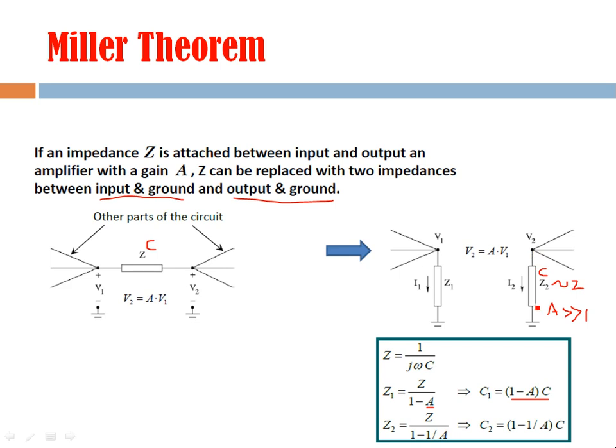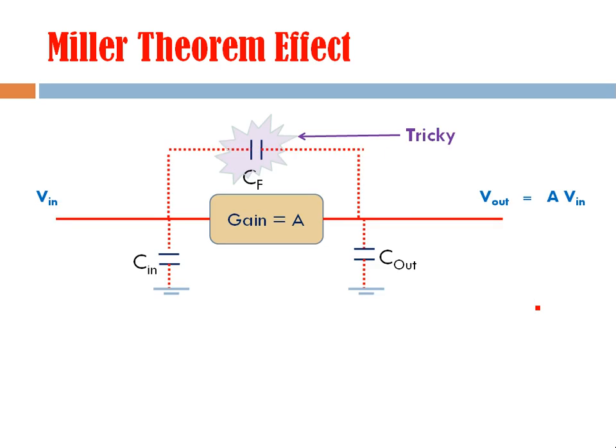Now we understand Miller theorem, and now we will apply this Miller theorem to solve this tricky part of the circuit, right? Now we have to apply Miller theorem here, and the Miller theorem says that this kind of capacitive component which is connected between output node and input node can be assumed in such a way that one part of this is appearing between output and ground, and another part will appear between input and ground.